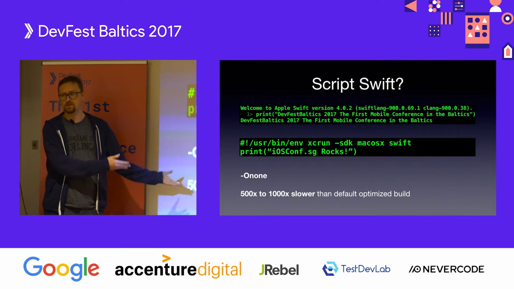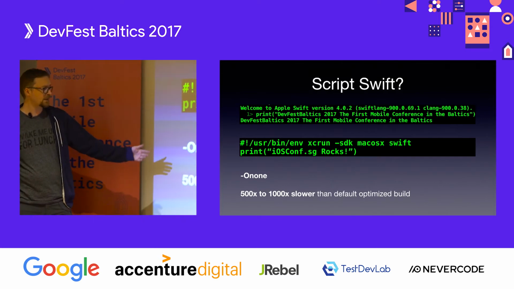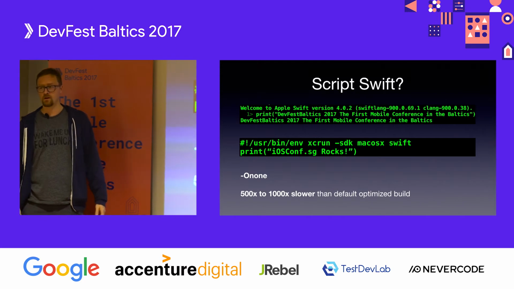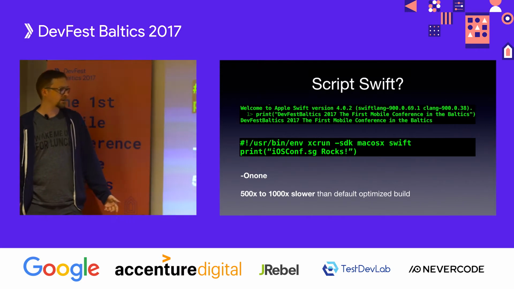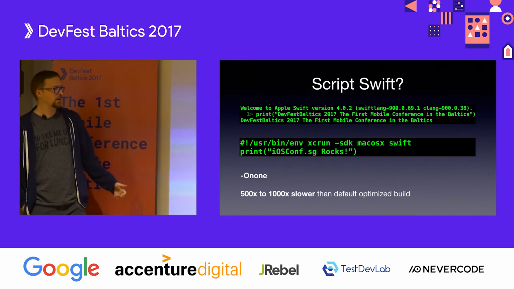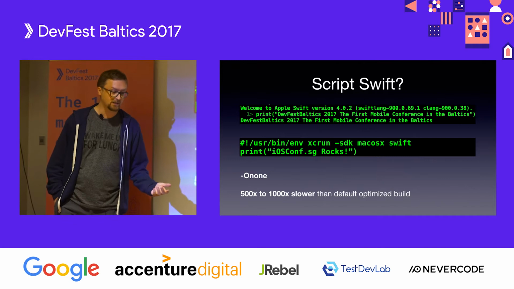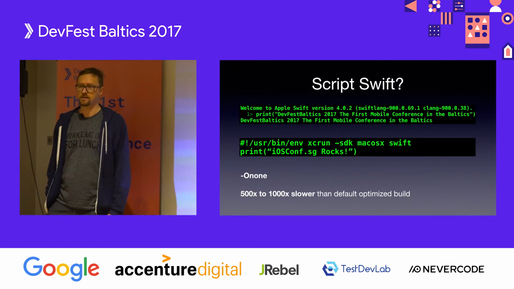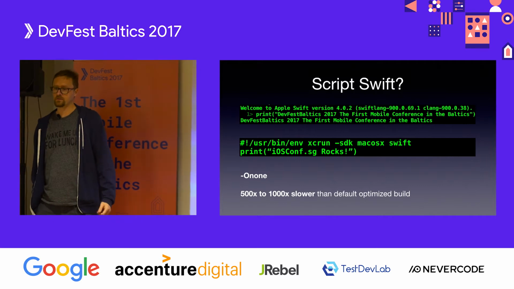The problem with that kind of invocation of Swift is that it's very slow. First, it's unoptimized, and this is the main reason. From what I saw, it's like 1,000 times slower than compiled code.